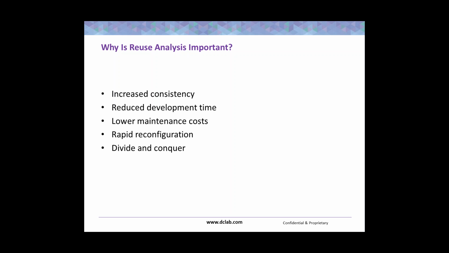Some of the benefits of reuse are that it increases consistency, reduces development time, lowers maintenance cost, and allows rapid configuration or usage in other publications. You can use it across many publications. By knowing your reuse potential, you can divide and conquer, because you can go through your content reuse report, find a set of documents that are in good shape, and make that your initial base documents.